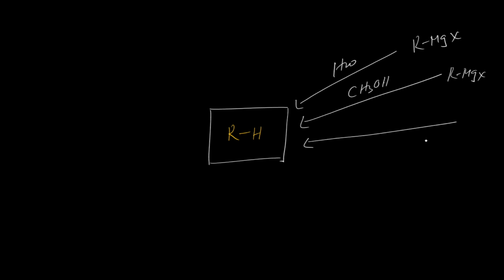And again, the alkyl halide reacts with sodium metal in presence of dry ether. This is known as the Wurtz reaction, W-U-R-T-Z. This is the third method of preparation of alkane.